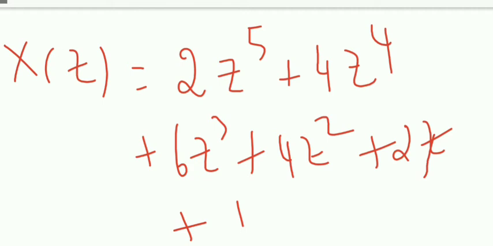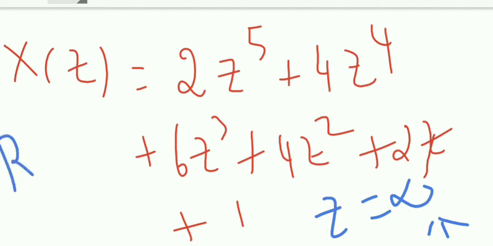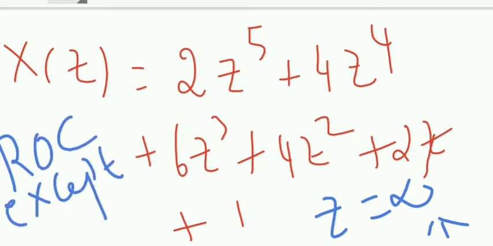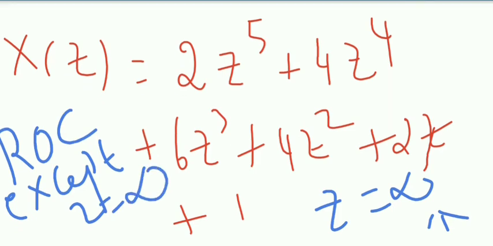This z transform exists everywhere except when I substitute z is equal to infinity, then x of z becomes infinity. So except z is equal to infinity, the z transform can be found for any other value of z. So ROC is everywhere except z is equal to infinity. That is what we have to understand.